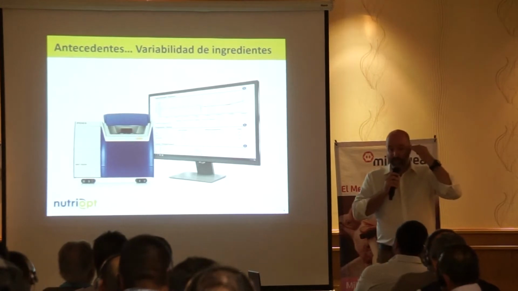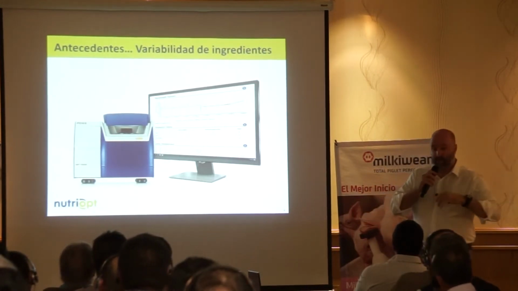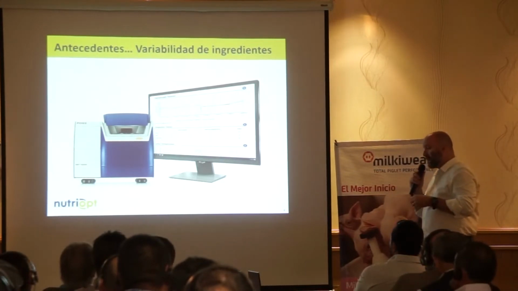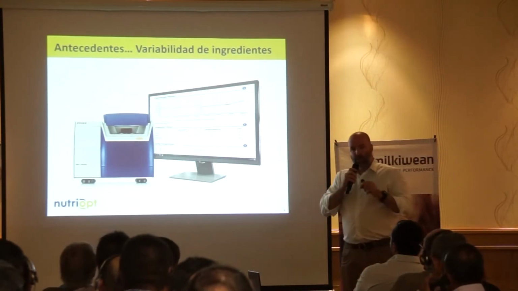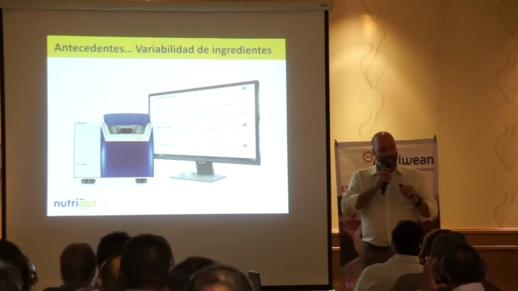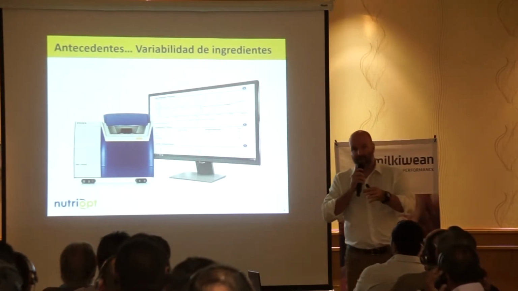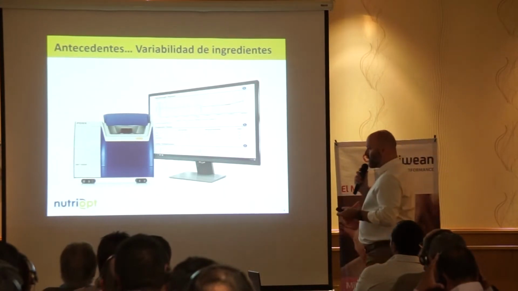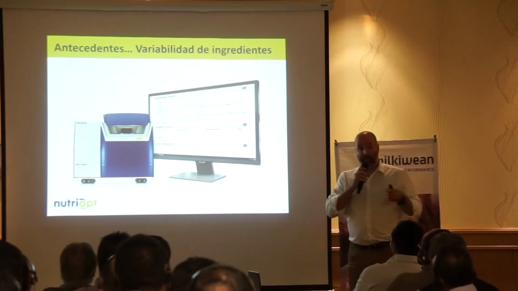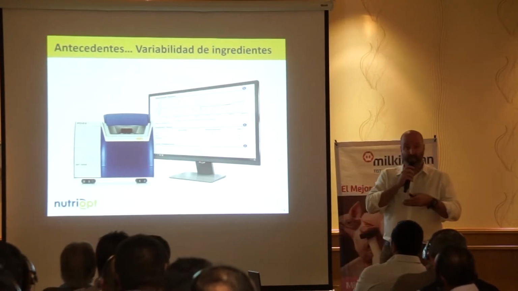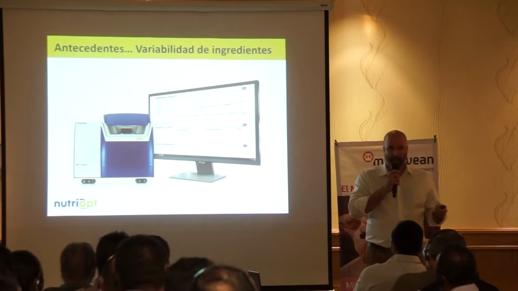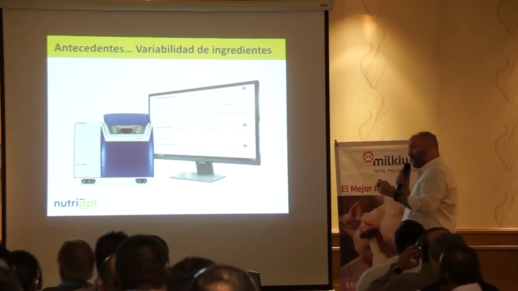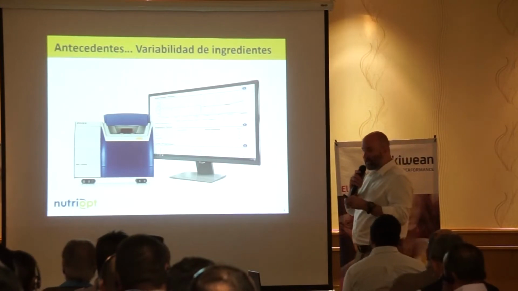One of the other tools available to us within the whole platform that you'll hear about tonight is the NIR machine and the ability to look at ingredient variability. One thing that we really want to do is limit the variability of the ingredients that you feed into your animals. Because if these ingredients don't get analyzed in proper time and formulas are created, fed to the animals, and the animals go to market without any knowledge of what's actually going on, this can have a very large impact on the cost of your feed.